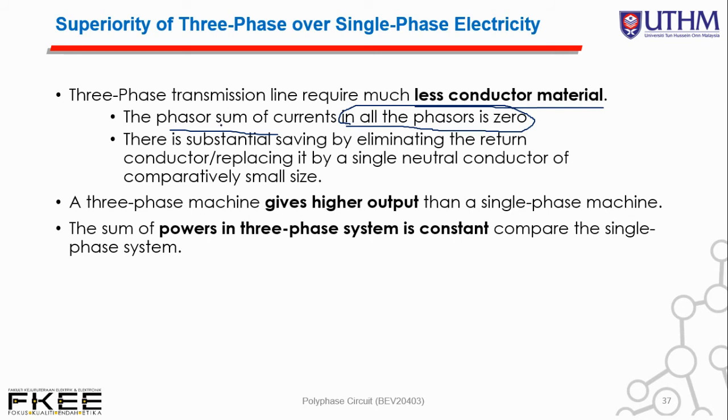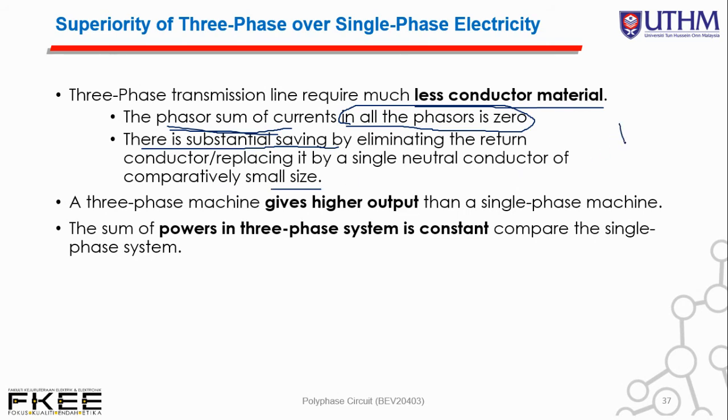So when we come to the total current of the three-phase line, thanks to the balanced system of your three-phase transmission line, there is substantial saving by eliminating the return conductor, replacing it by a single neutral conductor of comparatively small size.